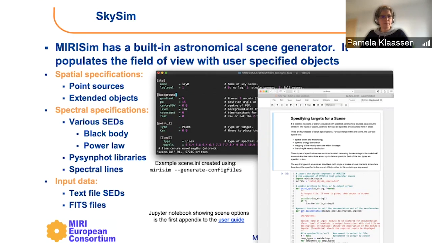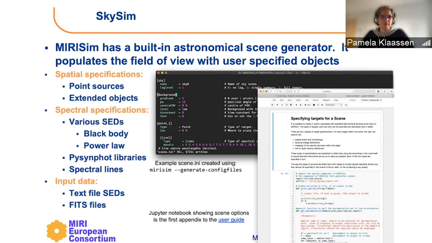So we've got spatial specifications of point sources and extended objects, as well as spectral specifications where you can set up a spectral energy distribution, use library SEDs, throw in spectral lines, or indeed use text files with lines in spectral energy distribution or FITS files themselves as inputs to generate what MIRISim should simulate observe.